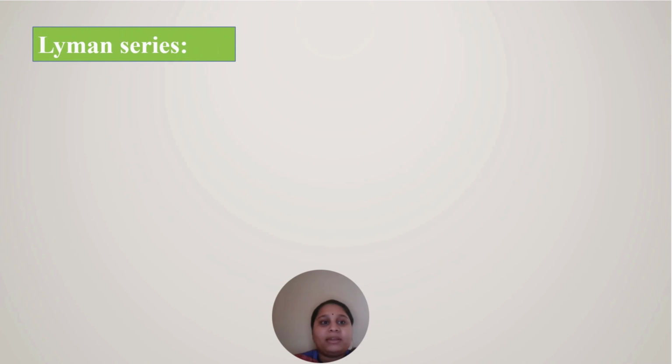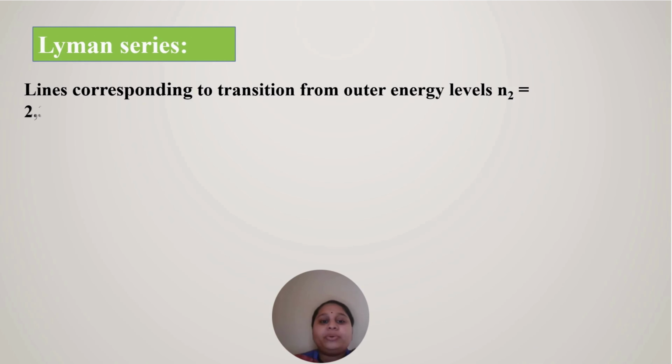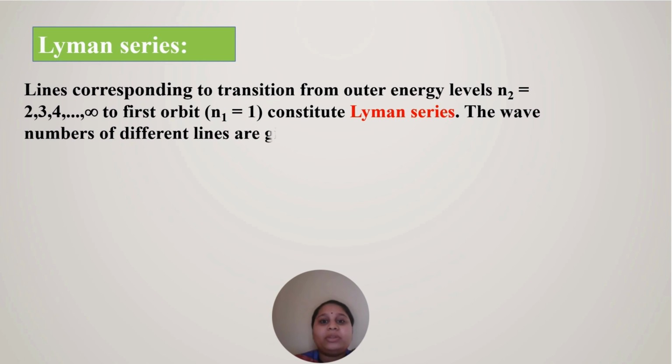The first one is the Lyman series. The lines corresponding to transition from outer energy levels n2, that is 2, 3, 4, to the first orbit n1 constitute the Lyman series. Here n2 is the outer energy level and n1 is the first orbit, the inner orbit. n1 is 1 and n2 is 2, and it can go up to infinity.